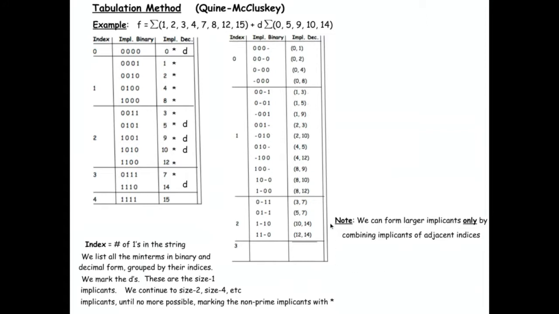I want everybody to understand that all of this could still be represented by a Karnaugh map that is 4 by 4, 16 cells. Because of this particular function, we have 8 ones, or half of the cells already filled with ones, and another 5 cells are filled with Ds.